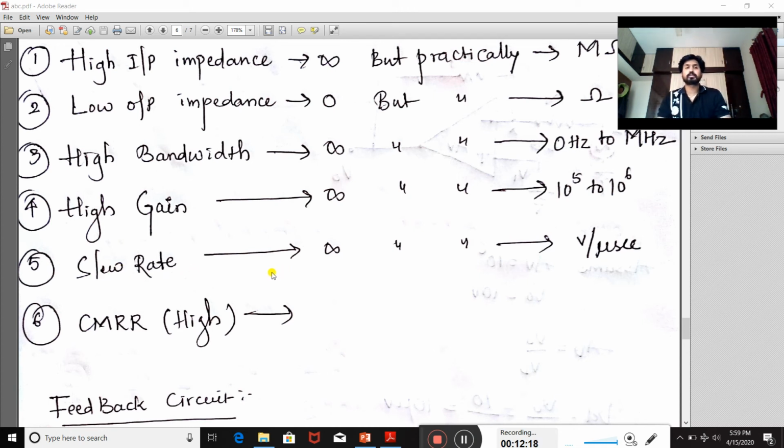Slew rate says how fast the operational amplifier responds at the output to get the maximum output at no time. That means at 0 time it should reach the maximum value, so that it operates very fast, so the slew rate should be very high.